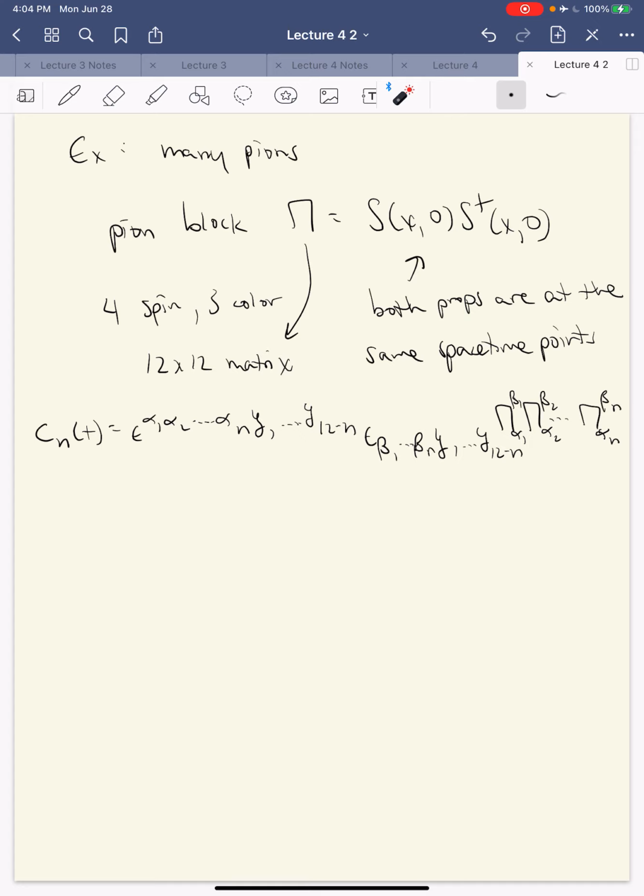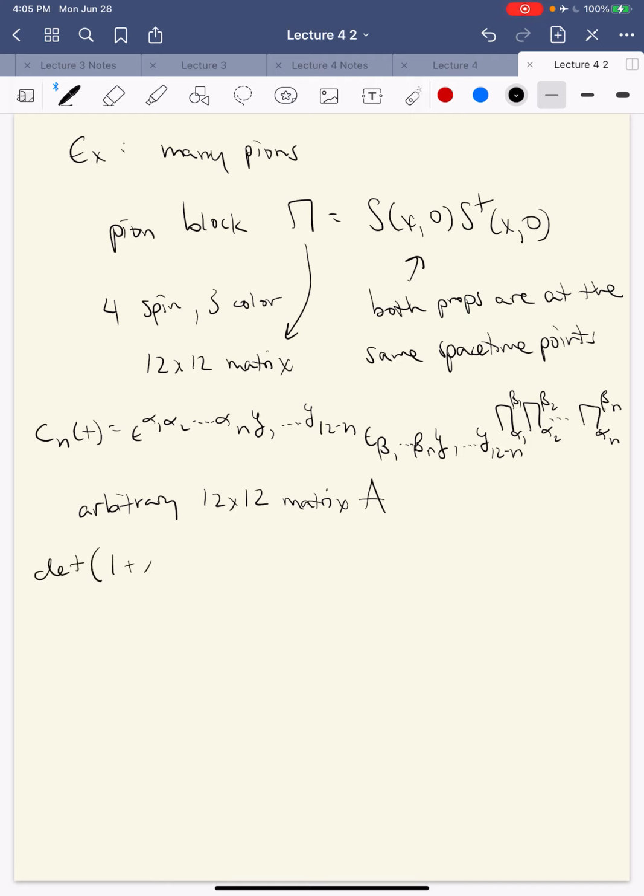So, okay, how do I simplify this? How do I pull out just the diagrams that I need to calculate and determine what their degeneracies are? How many of them are we going to need? Let's look at an arbitrary 12 by 12 matrix A and just look at some properties of that.